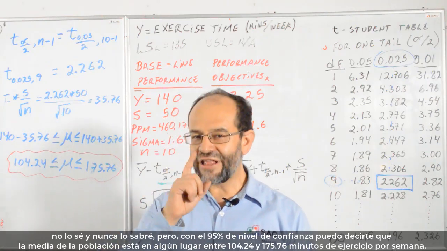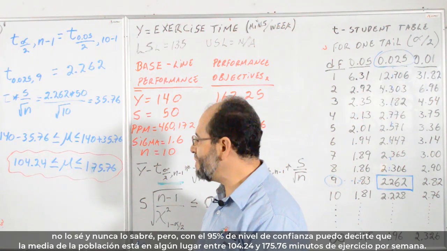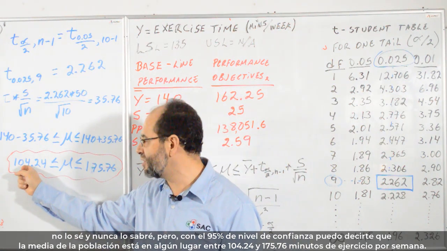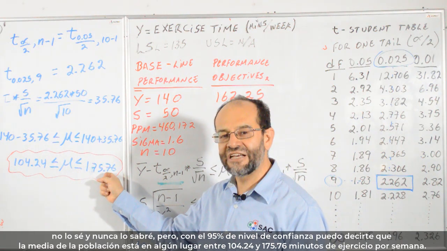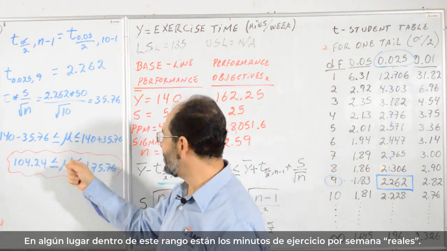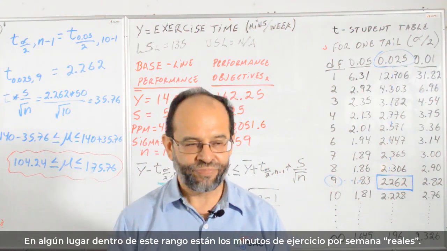But with 95% confidence level, I can tell you that the mean of the population is somewhere between 104.24 and 175.76 minutes of exercise per week. Somewhere inside here is the mean minutes of exercise per week.